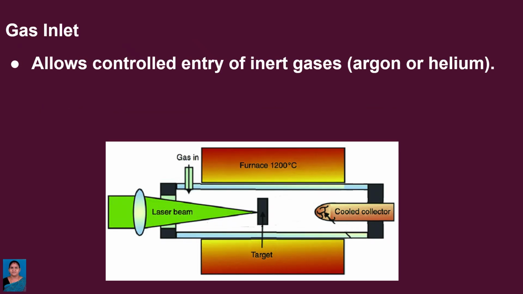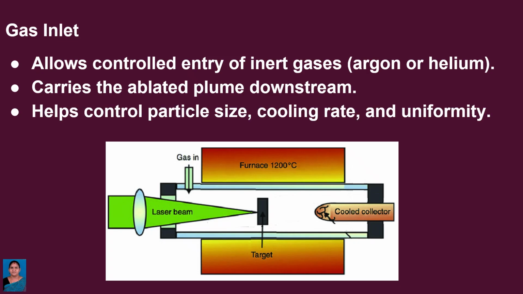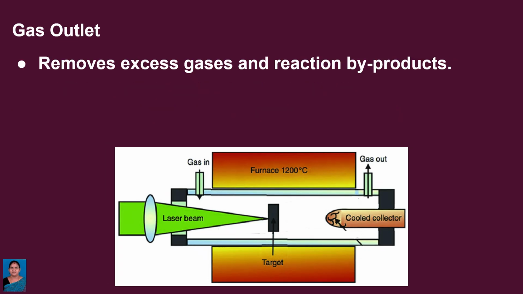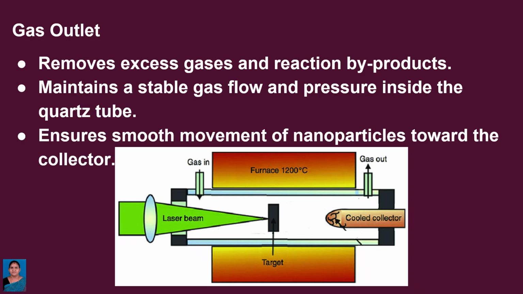Gas inlet allows controlled entry of inert gas, for example argon or helium, carries the ablated plume downstream, helps control particle size, cooling rate, and uniformity. Gas outlet removes excess gases and reaction byproducts, maintains a stable gas flow and pressure inside the quartz tube.